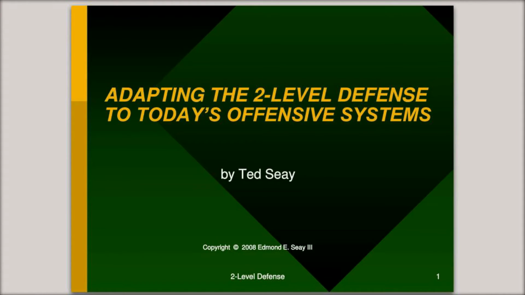So I'm going to talk you through the basics of the system to begin with, but I'm going to try and leave a lot of time to talk about adaptations to the modern offensive systems, to the zone read, to the run pass option that's become so prevalent in football. And I'm going to do that in a way that hopefully makes you understand just how flexible this system is.